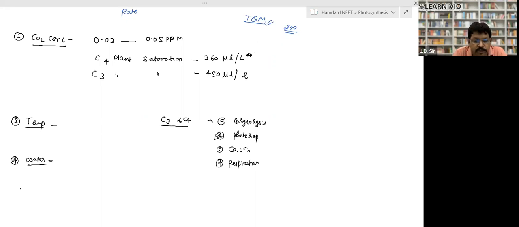The normal or average concentration of CO2 is 0.03 to 0.05 ppm.